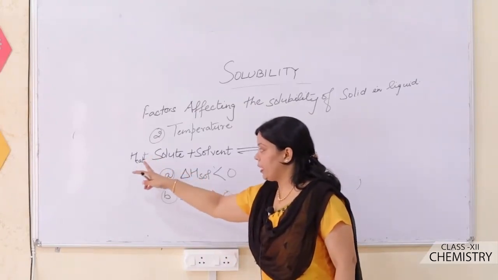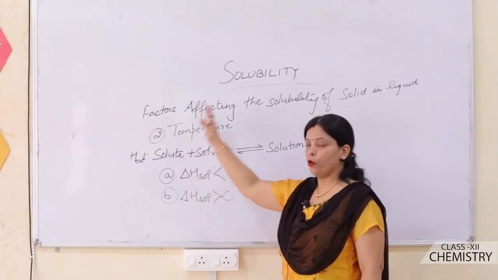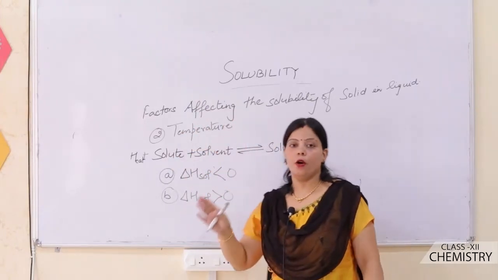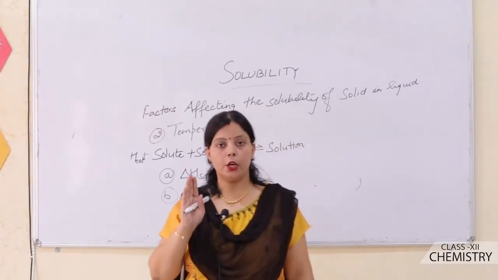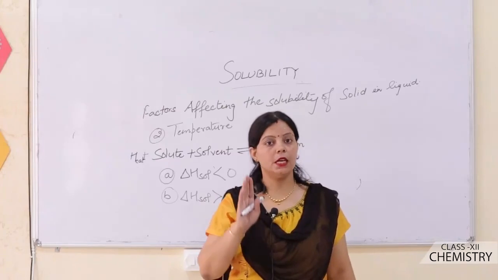It means when we increase the temperature, the reaction proceeds in the forward direction so that the overall increase in temperature is minimized. It means the solubility of a solid solute in a liquid solvent gradually increases when we increase the temperature.